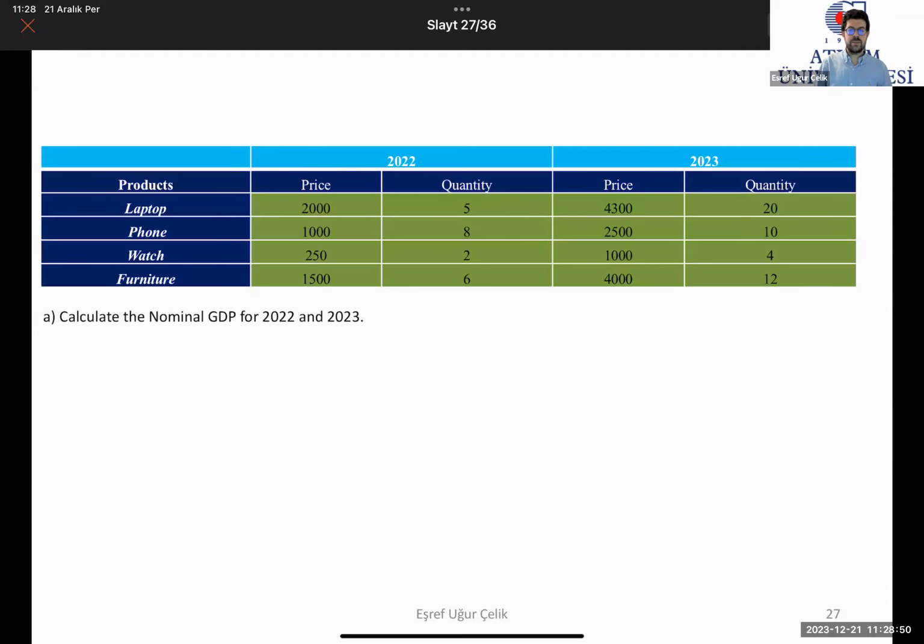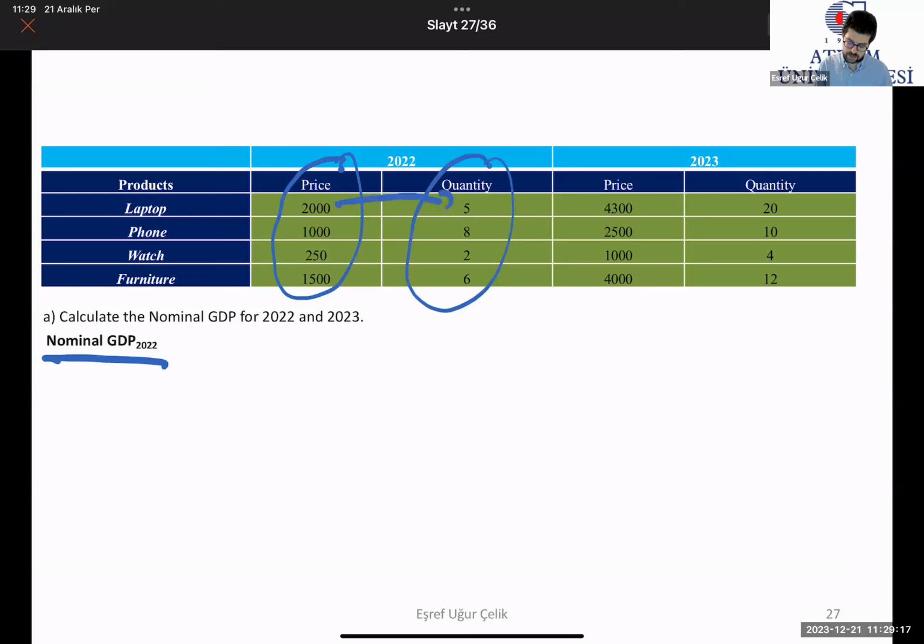In nominal GDP, we calculate the value of production by getting the price of the year I asked, and for the quantity, the year I asked. So in the first part, I asked 2022. So we get the price of 2022 and quantity for 2022.